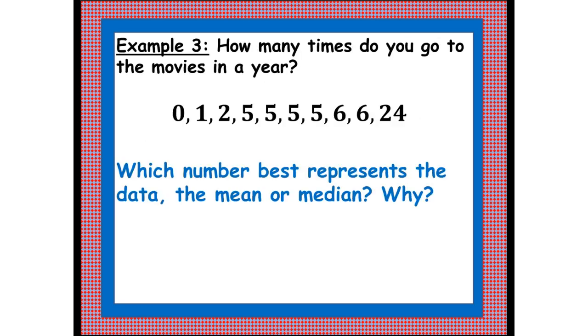In this question, it says, how many times do you go to the movies in a year? And you can see all the different answers. It says, which number best represents the data, the mean or the median, and why? Without doing any calculations, we want to be able to identify this. And we want to identify that we have the number 24 here, which is a lot different than the others.